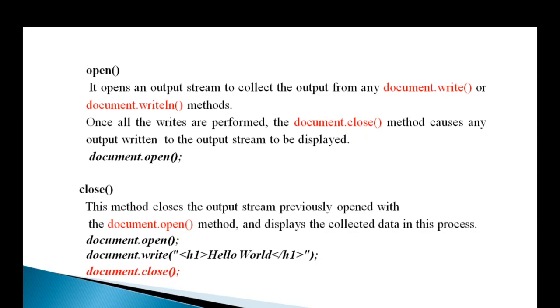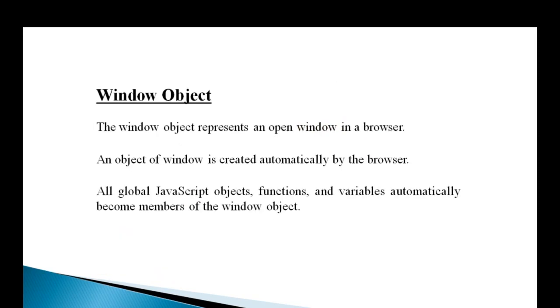Forms refers to the form elements in a document. getElementById finds the element with the ID. Images refers to all the img elements in a document. For doing all this, we have to first open a document. Without opening it, we can't do any HTML documentation. So first we have to open the document, then write, finally close the document. This is about document objects.